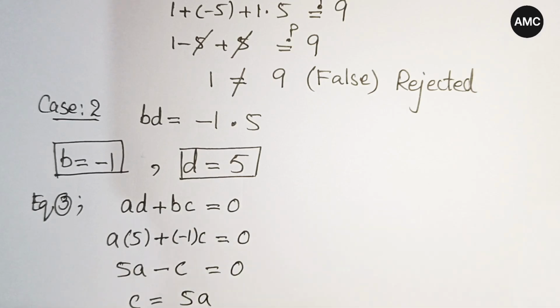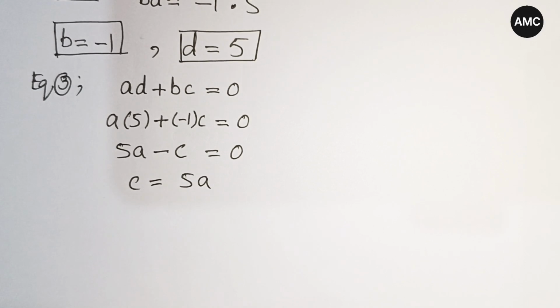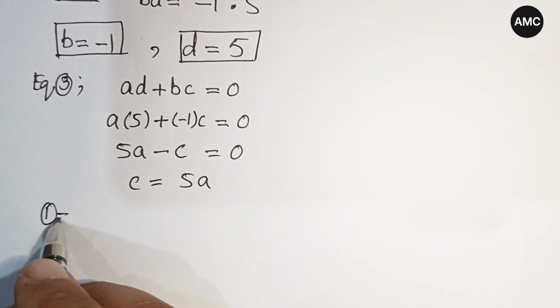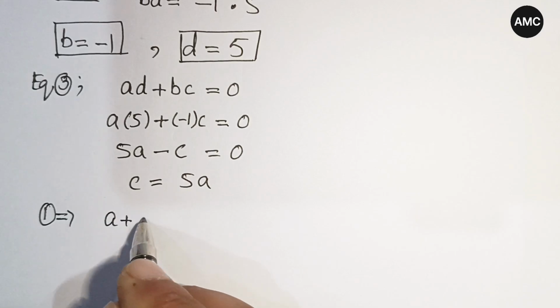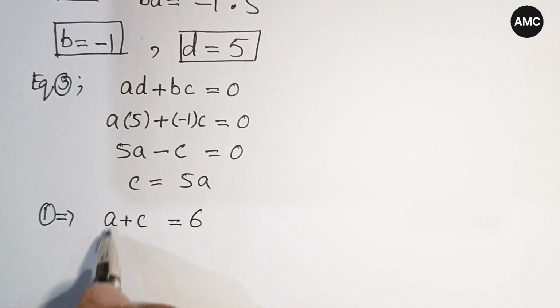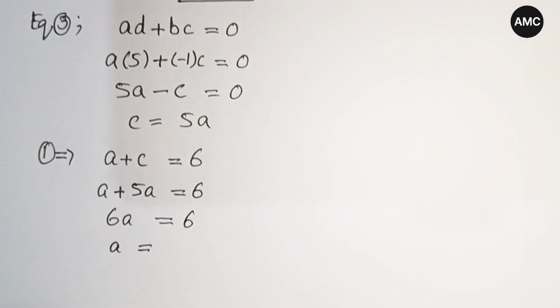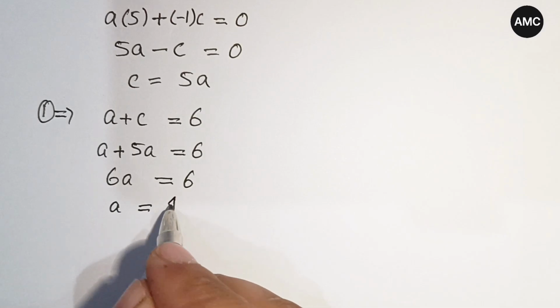Now if we put this value of c, which is 5a, in our equation 1, our equation 1 implies that a plus c is equal to 6. So here a plus the value of c, 5a, is equal to 6, then 6a is equal to 6, and a is equal to 1.